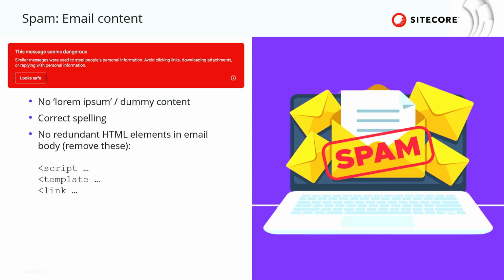And the last point was a bit more tricky to find, just because for some messages we had this red warning from Gmail, and basically when you have this warning, it doesn't tell you what's exactly wrong with your message. It just seems dangerous. That's it.